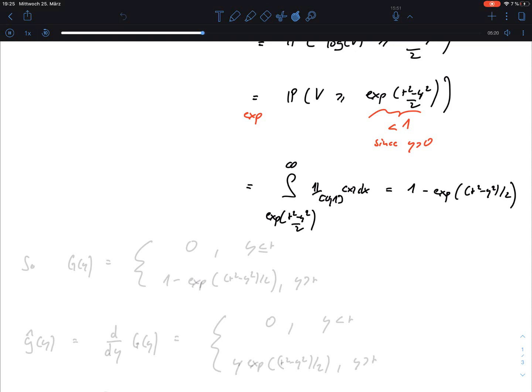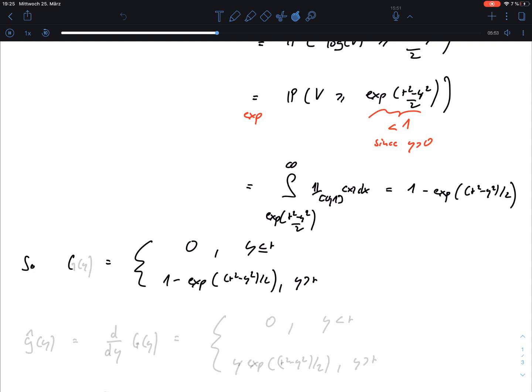So let's summarize. It's 0 if y is less or equal r, and it's 1 minus this exponential term in the other case.